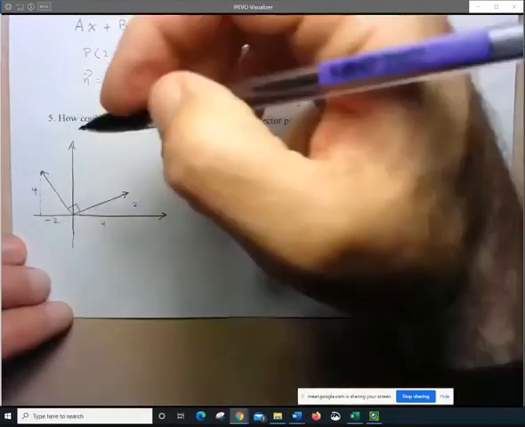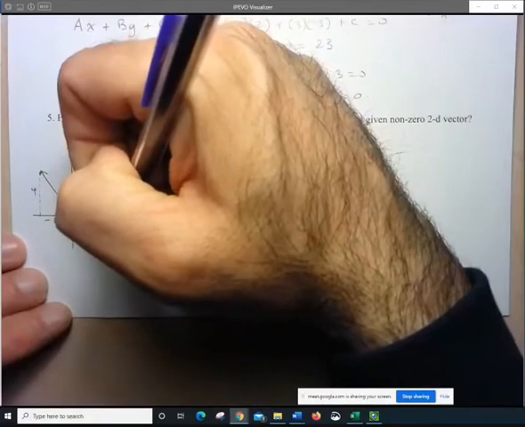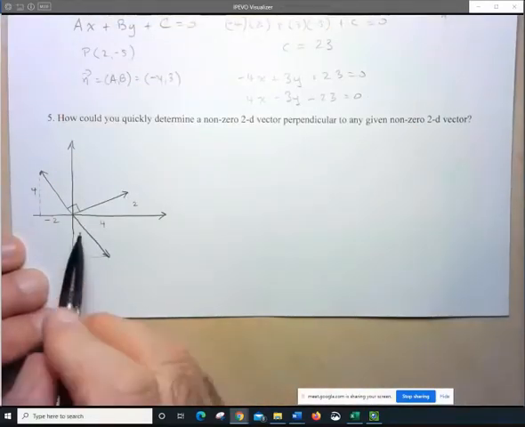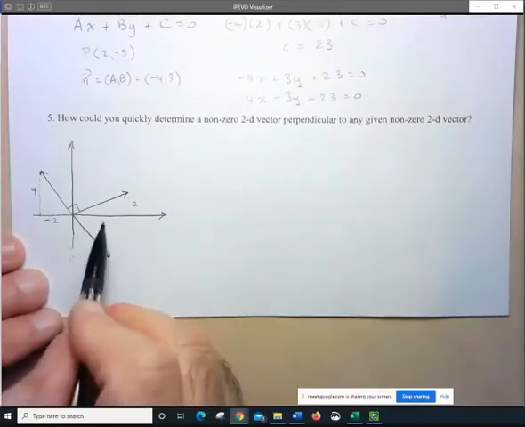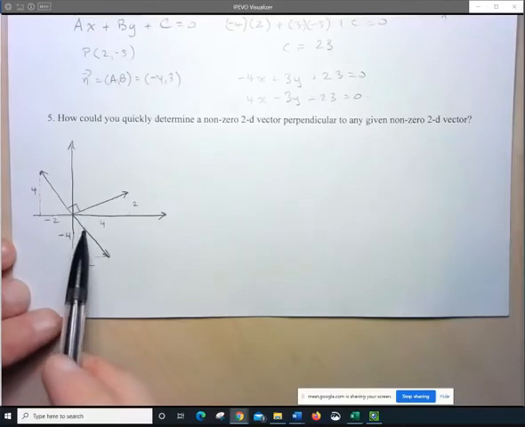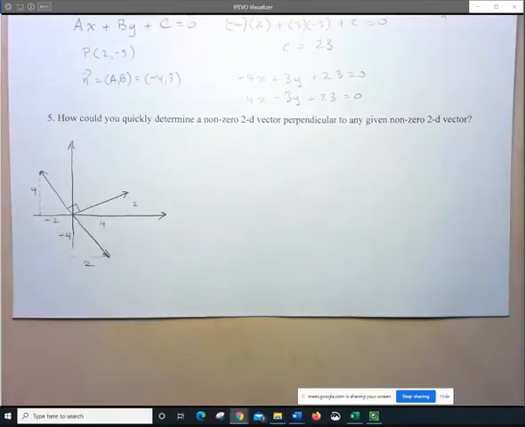What if I draw this vector here? The opposite vector, you realize that now the 2 is positive and the height is going to be negative. So either of these two vectors is going to be perpendicular to that given vector.